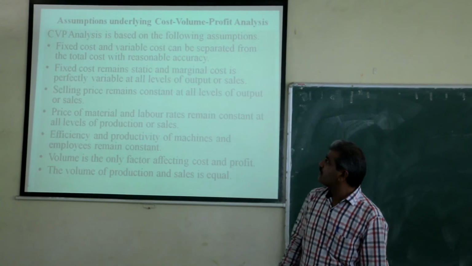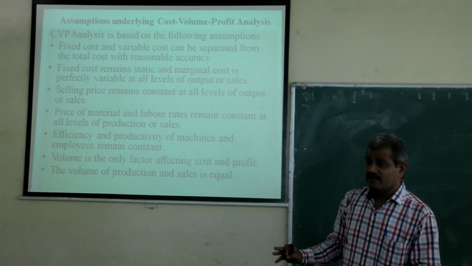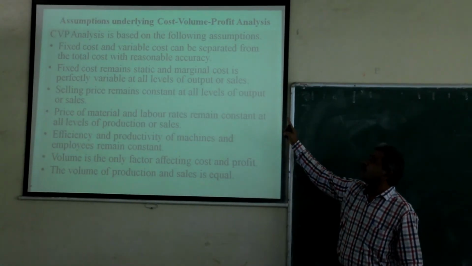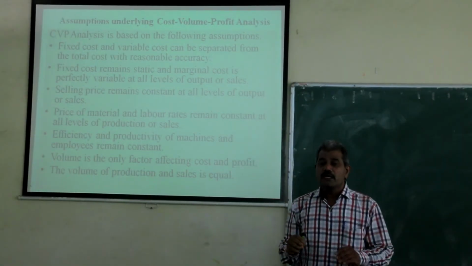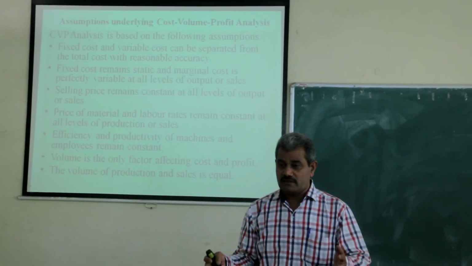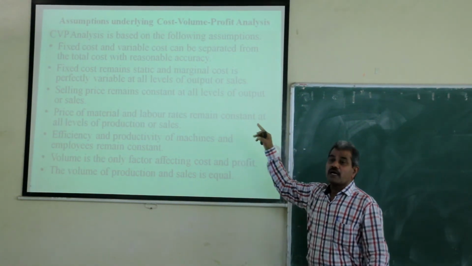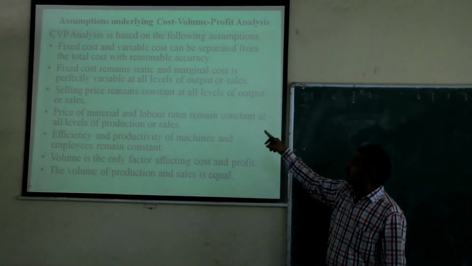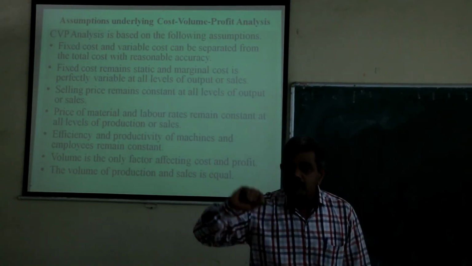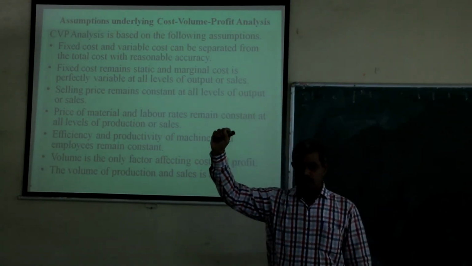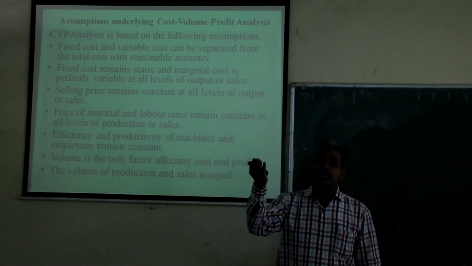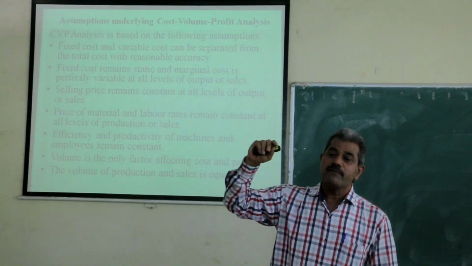Next assumption is fixed cost remains static and marginal cost is perfectly variable at all levels of output or sales. It means fixed cost will remain constant irrespective of the output, but the marginal cost or the variable cost will change according to the volume of production. In the same proportion the variable cost will increase with the output.